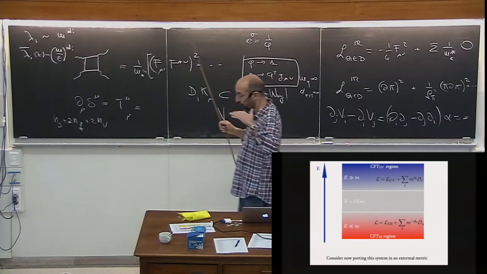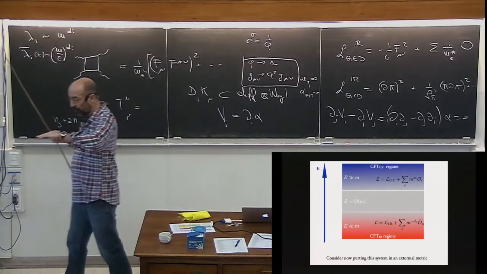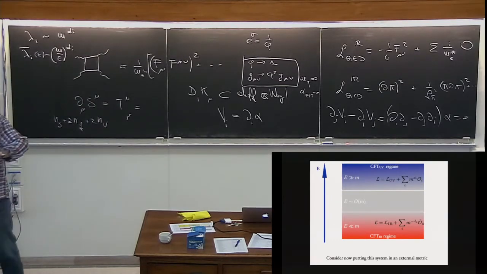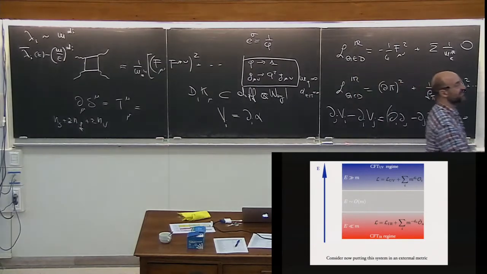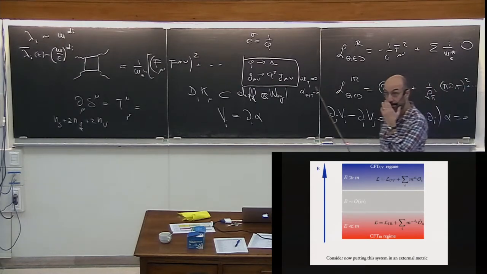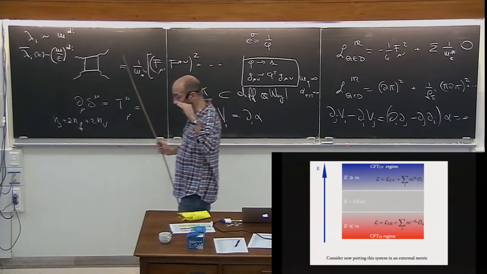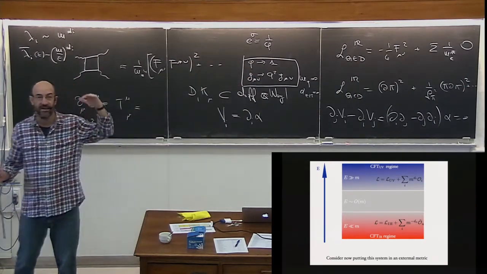When you go to energies way below M, the fact that the theory is asymptotic at a fixed point means that the Lagrangian that emerges below is the fixed point Lagrangian plus only irrelevant operators. From that point on, all the terms I have are irrelevant.